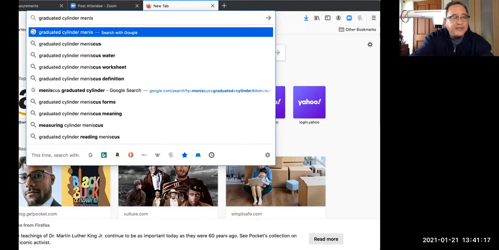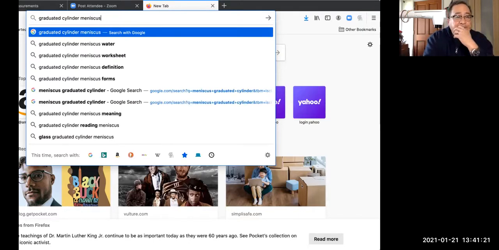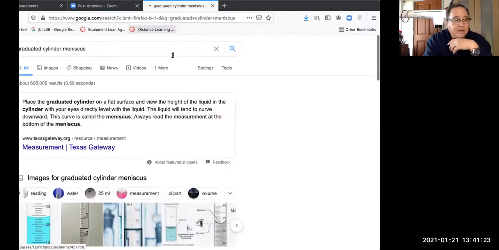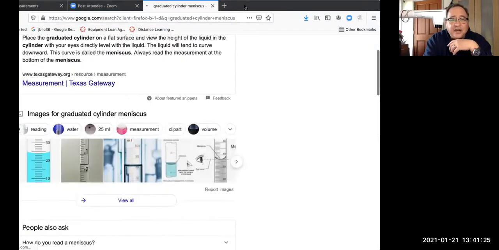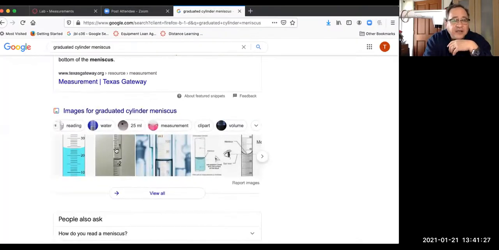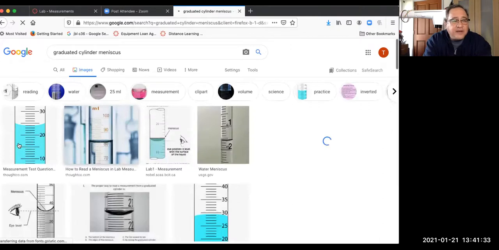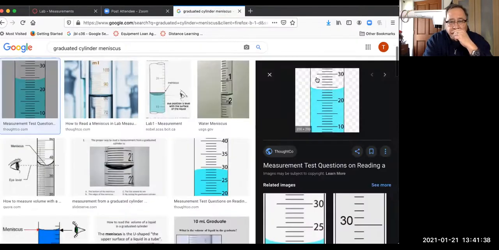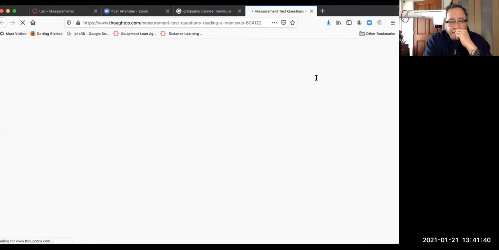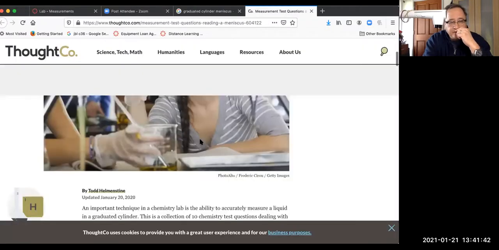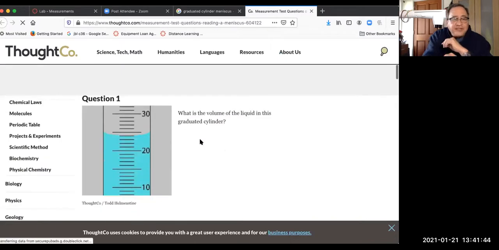This morning when I put this in, I just wrote meniscus and I got a bunch of knees. Okay, so here we have these images of graduated cylinders. And here is the simplistic drawing of the graduated cylinder. Can everyone see the meniscus here?